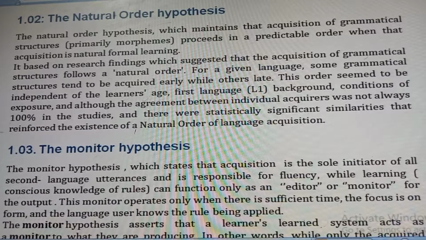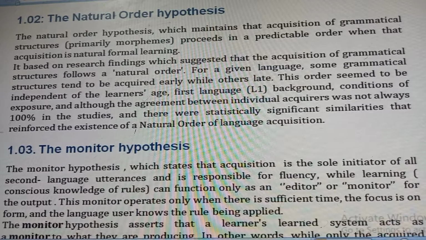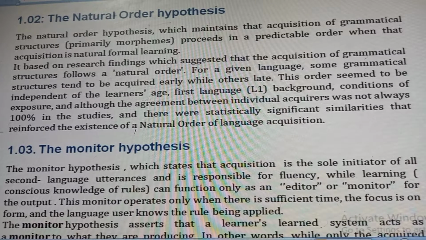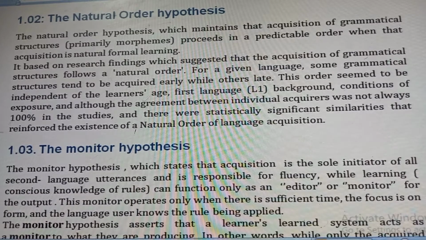This order seemed to be independent of the learner's age, first language (L1) background, and conditions of exposure. Although the agreement between individual acquirers was not always 100% in the studies, there were statistically significant similarities that reinforce the existence of a natural order of language acquisition.